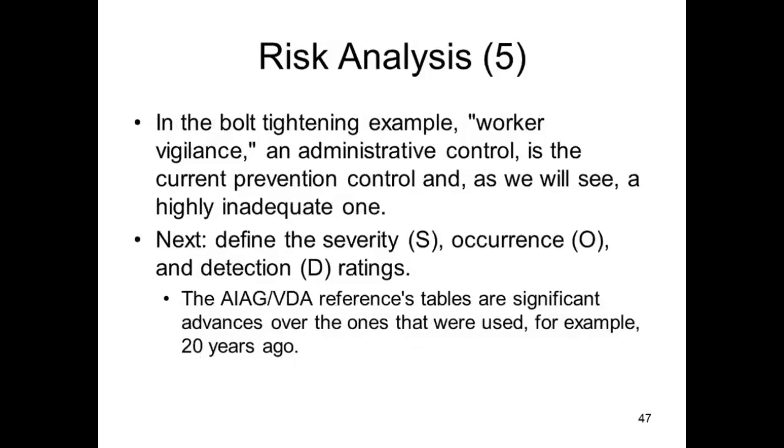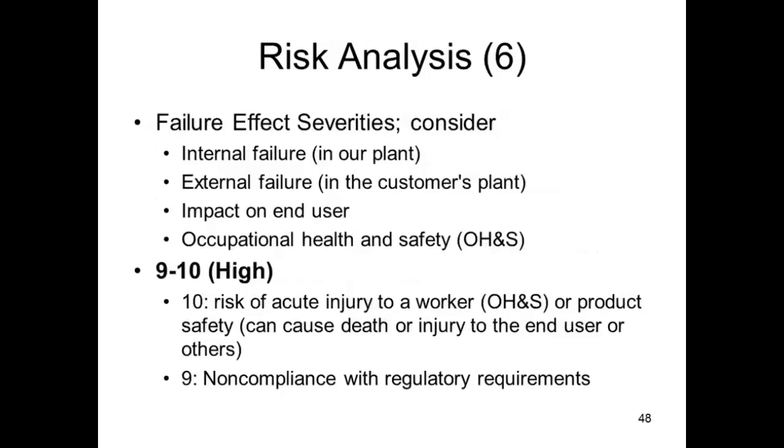And the AIAG VDA reference tables are significant advances over the ones that were used 20 years ago. And hopefully, as a user of FMEA, you will like these a lot better. Failure effect severities, consider internal failure, external failure, impact on the end user, occupational health and safety. 9 to 10 is high. 10, risk of acute injury to a worker or product safety.